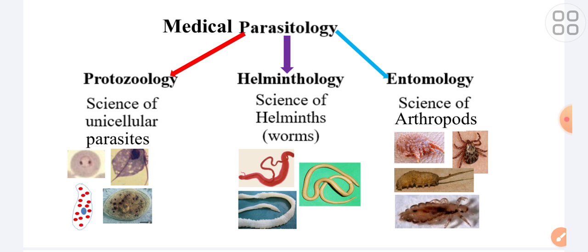On the extreme right-hand side, entomology, which is the science of arthropods, including the insects, the invertebrates, that is to say, with no vertebral columns. These are animals with segmented body and jointed appendages.